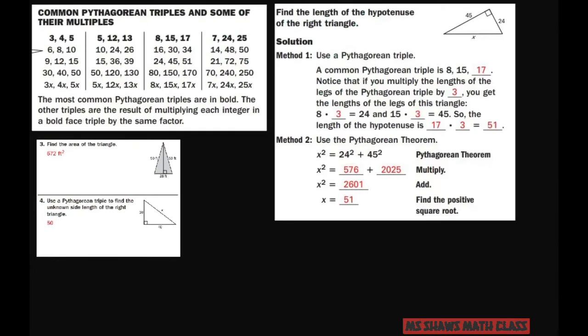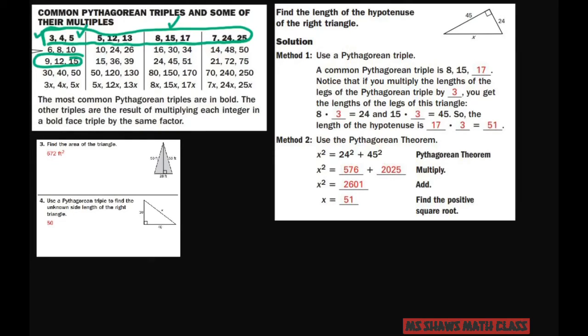All right, and finally, here are your commonly known Pythagorean triples. When we're going through this section, make sure you know these top ones right here, because those are the most commonly used. We've already used this one, and remember when we multiplied this by 3, we got this one.